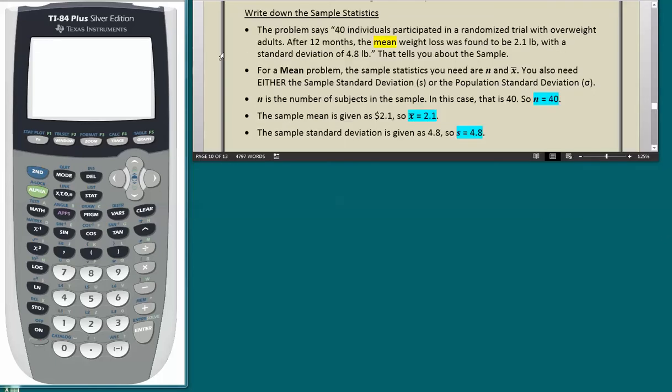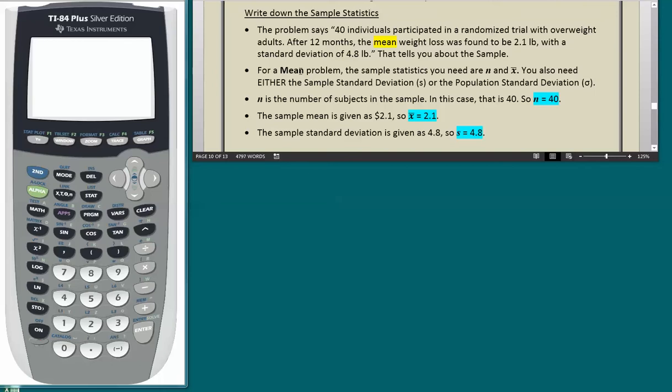The next step is to write down the sample statistics. The problem says 40 individuals participated in a randomized trial with overweight adults, and they continue, and all of this stuff is telling us about the sample. So this is where we're going to get our sample statistics.